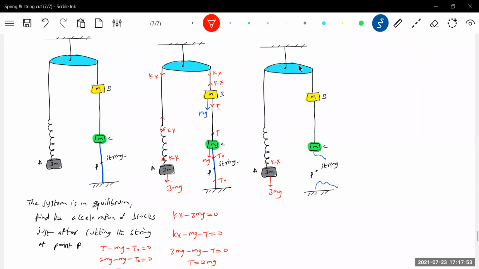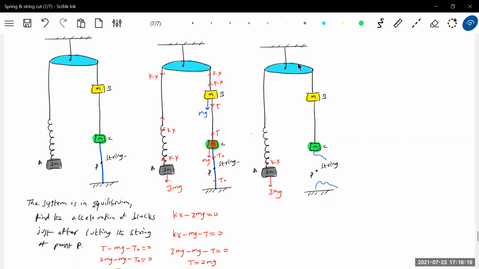Spring force. Now I'm going to say the spring force will not change. Why will the spring force not change? When I cut this string, a sudden change in spring force here is not possible.